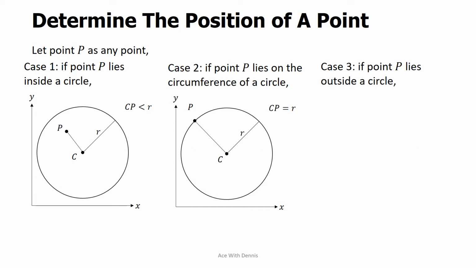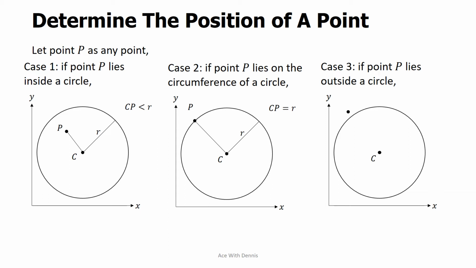Case number 3, if point P lies outside a circle. Here is how it looks like. This is a circle with the center C, and this is point P, which is outside of a circle. This is the length of CP, and this is the radius r.